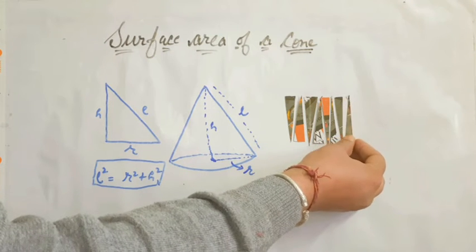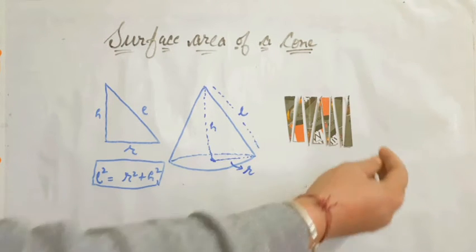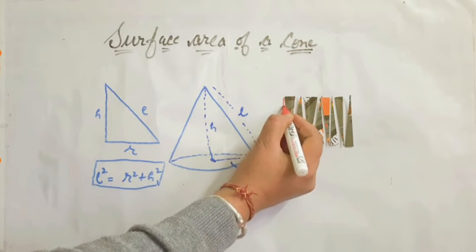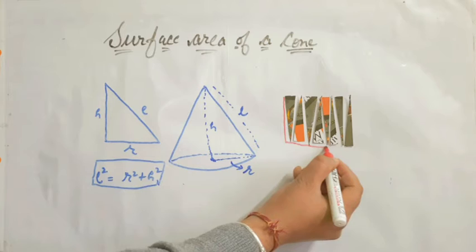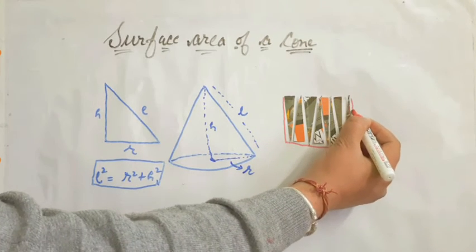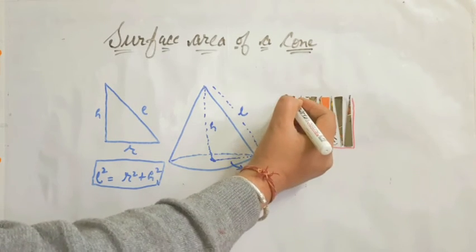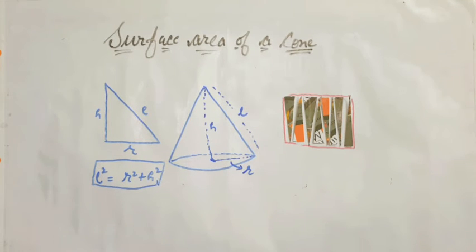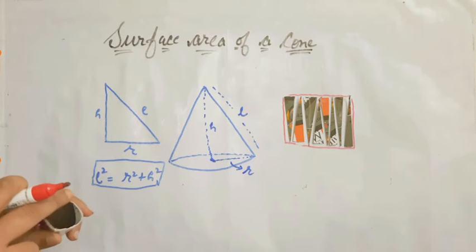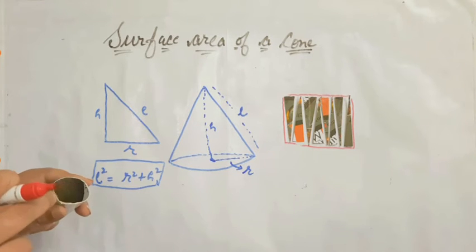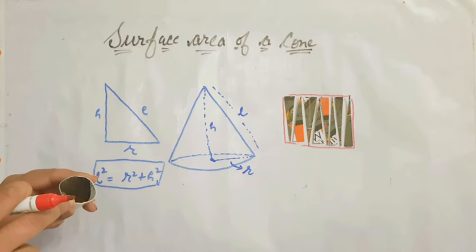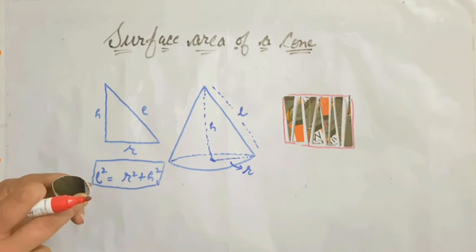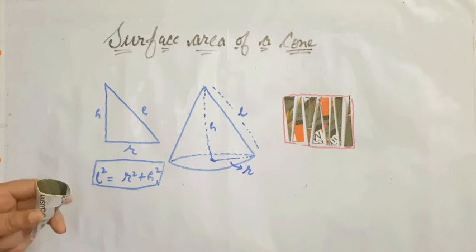Here I cut slightly larger pieces. If I cut them into very small pieces, this will take the shape of a rectangle. In this rectangle, the circumference of the base, which is 2 pi r since the base is a circle, is divided into two parts.